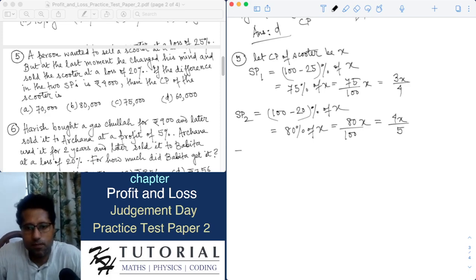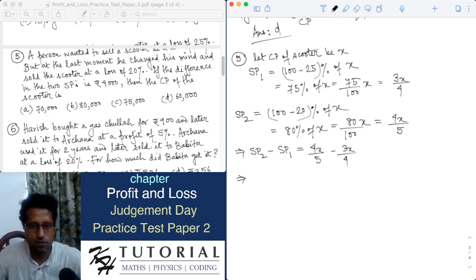So the difference of the selling prices, SP2 minus SP1, is equal to 4x by 5 minus 3x by 4. It is given that the difference of the two selling prices is 4,000.